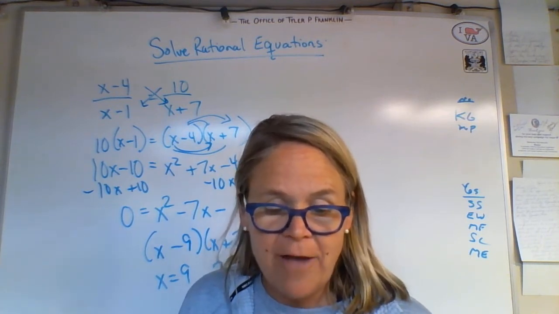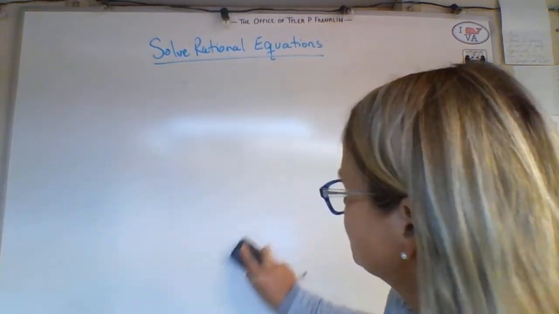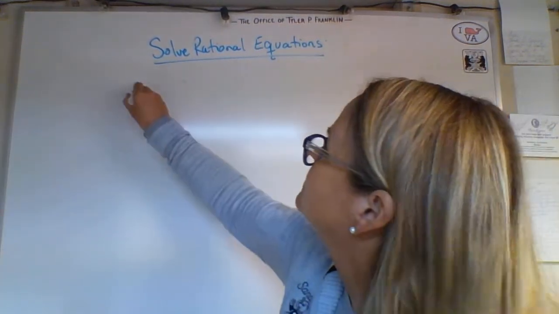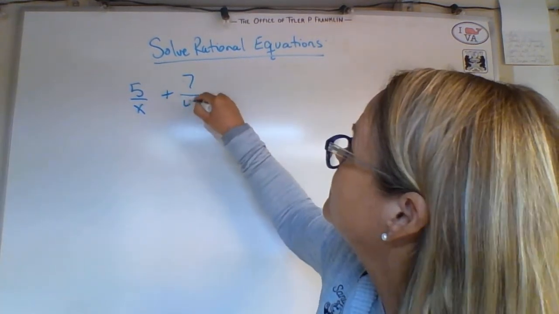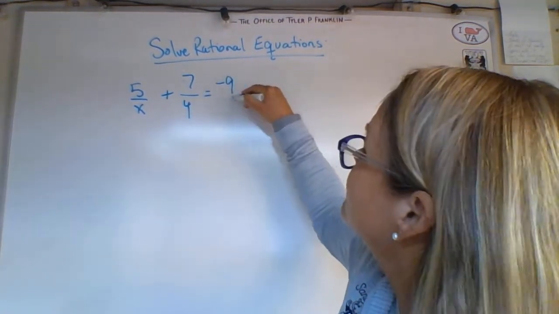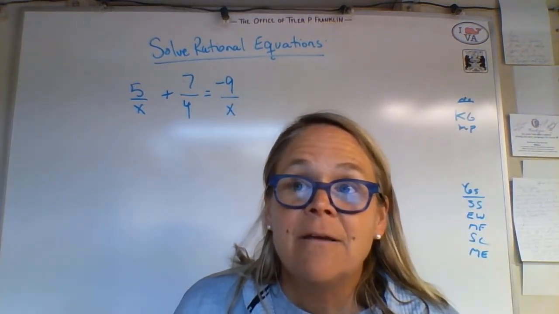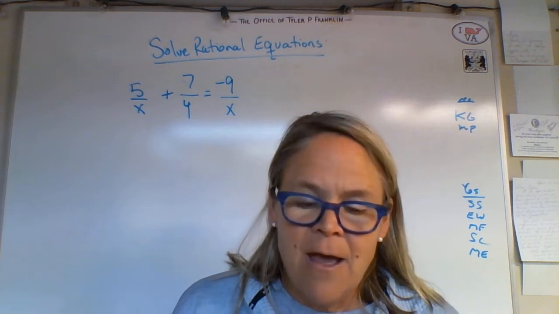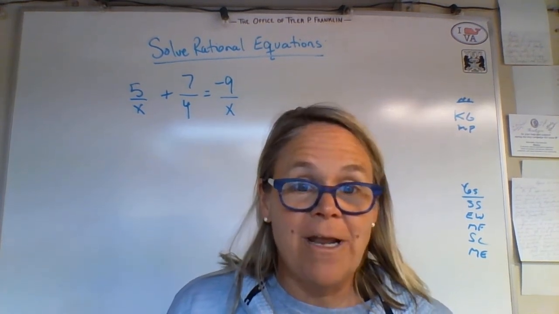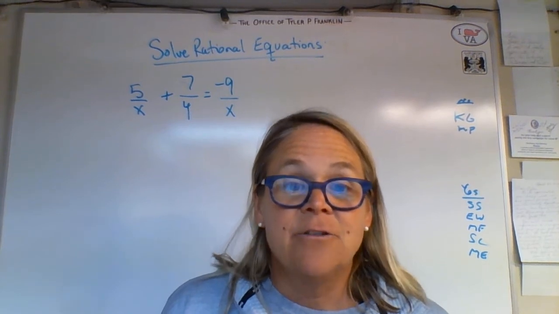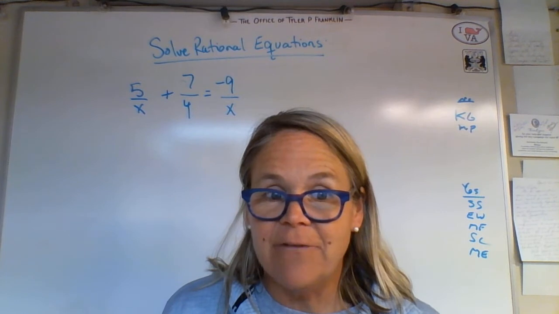So if I don't have a proportion, and I'm given a problem like that, what I want to do is get rid of the denominator. So I have to think to myself, what do I need to get rid of an x?